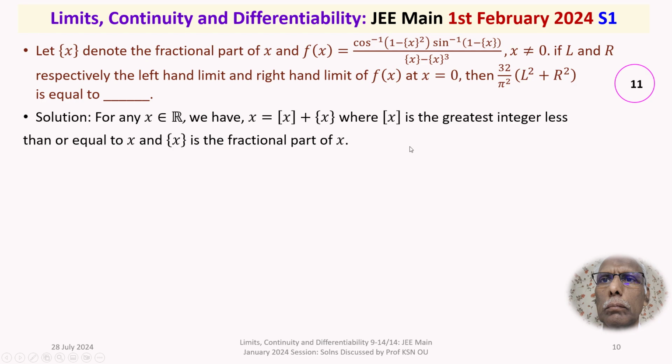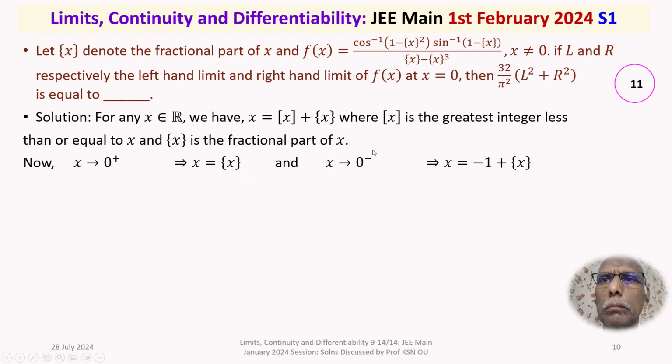Now, as x tends to 0 plus, on the real number line, x is tending to 0 from the right. In that neighborhood, what is [x]? [x] is 0 and x will become {x}.